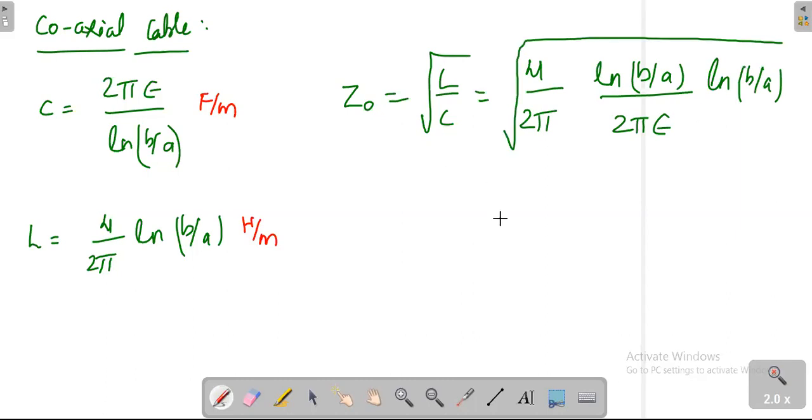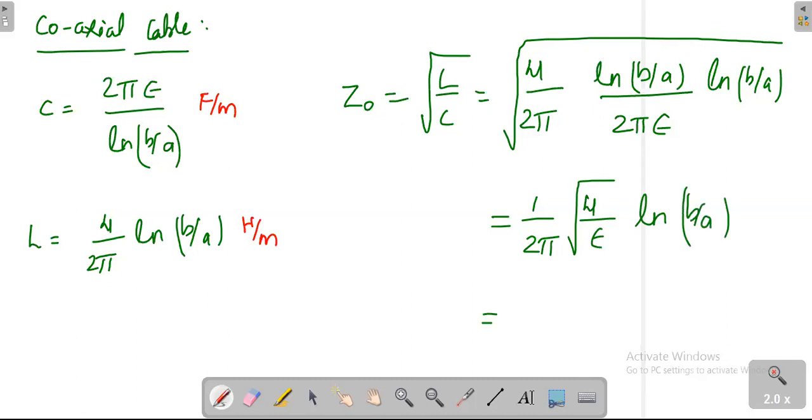Now mu by epsilon, 2 pi you can take outside, 1 by 2 pi, because 2 pi is there. Square root of mu divided by epsilon times ln b by a is there. This can also be modified as mu naught divided by epsilon naught and mu r divided by epsilon r, ln b by a.